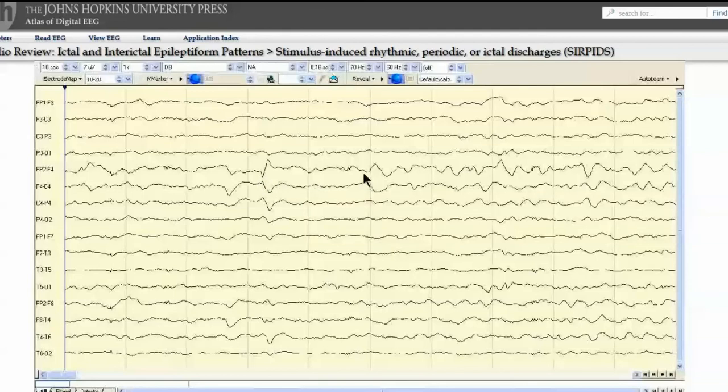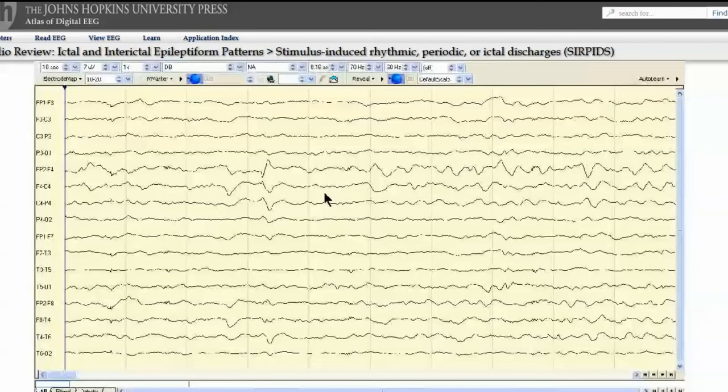Further on in this 10-second segment, we can see that there is polymorphic 4 Hz theta and 3 Hz delta activity, in effect theta delta activity, representing focal slowing in the same region that there is this epileptiform discharge. We notice the absence of muscle artifact as this patient remains in sleep and has not been aroused by noxious stimulation.